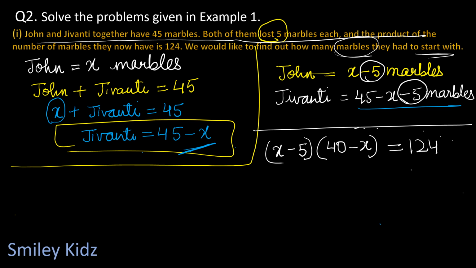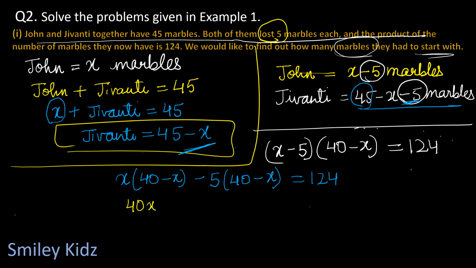We initially saw that the number of marbles with Jivanti is 45 minus x minus 5. So what is 45 minus 5? It is 40. So it's going to be 40 minus x marbles. Now the product of their marbles is 124. On further simplification, we get (x minus 5) into (40 minus x), which is equal to 124. Alright, now we're going to simplify this further.